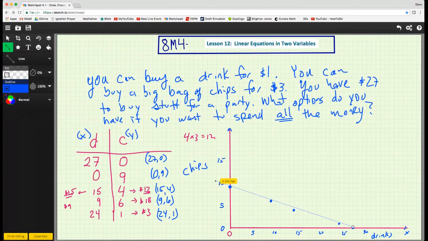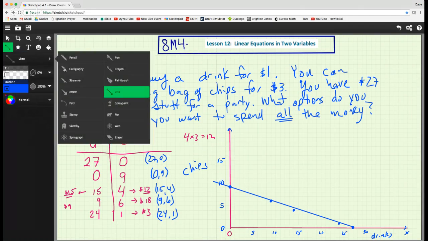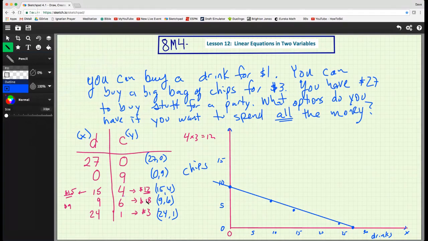Uh-oh, we graphed something wrong, but we'll fix that. Figure out what exactly we did wrong there. Because see, I put the point in the wrong place. And after you draw the line, you see that you made a mistake. I didn't graph 15, 4 right. 15, 4 should have been right here, right on the line. And I didn't draw my line right. So let's just go back and let's fix this. 15, 4.